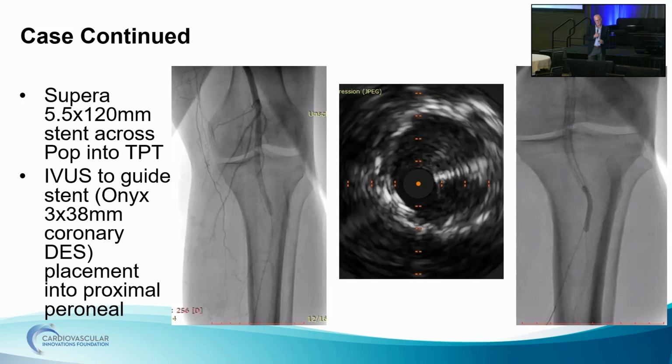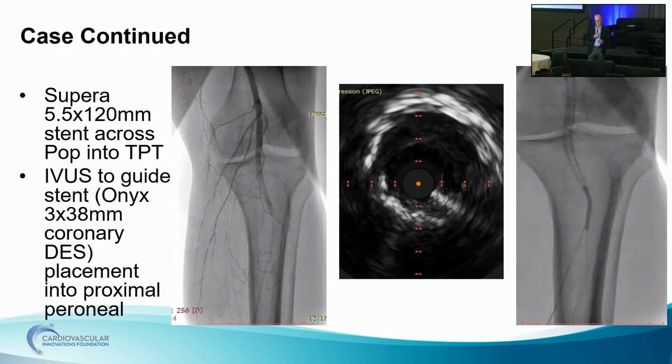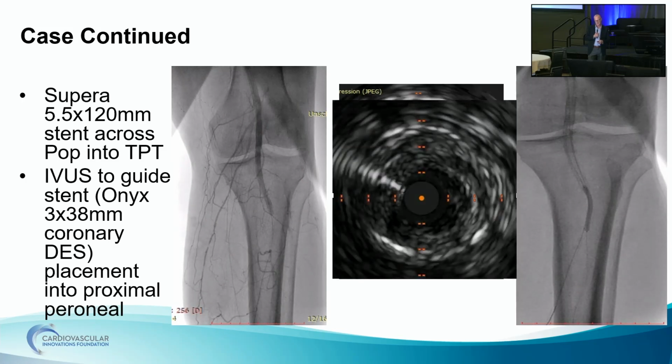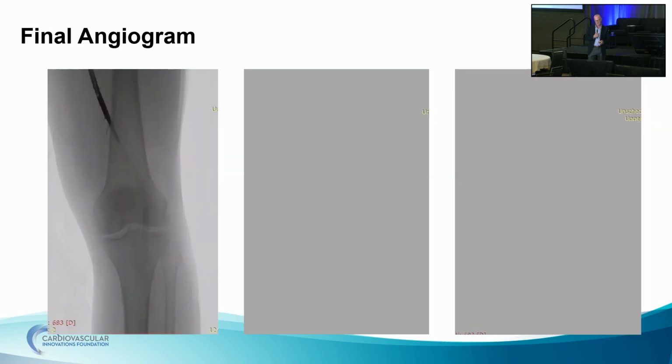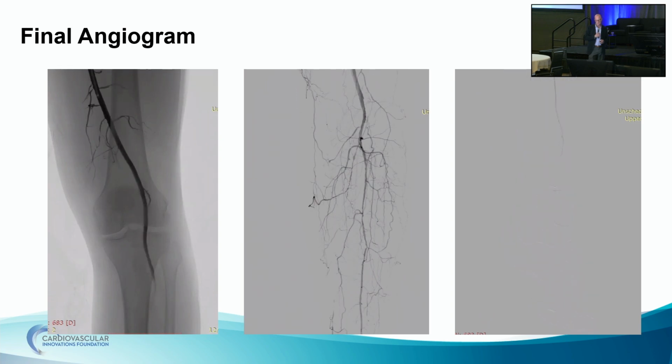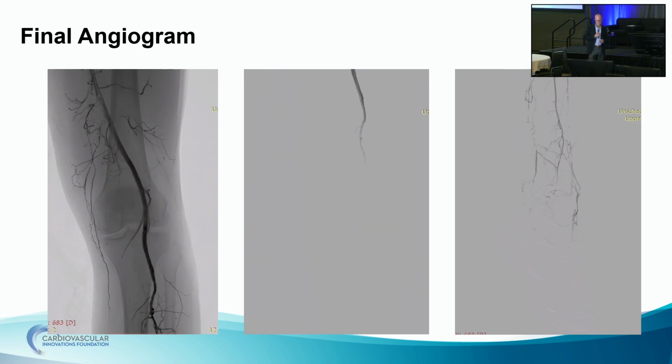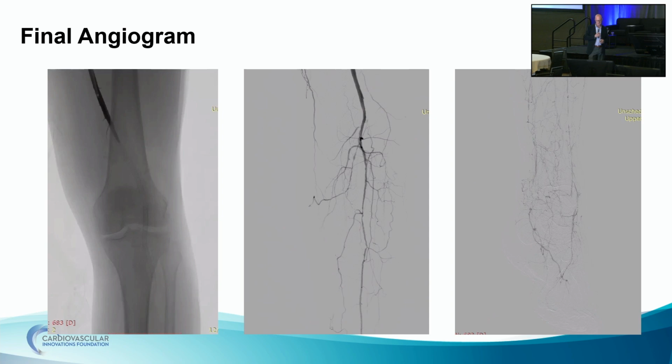So this was a 3x38 coronary DES that was placed distally all the way into the proximal peroneal. And there you can see inline flow through the POP into the peroneal. You can see a continuation of that flow and then some collateral filling of the AT and PT.